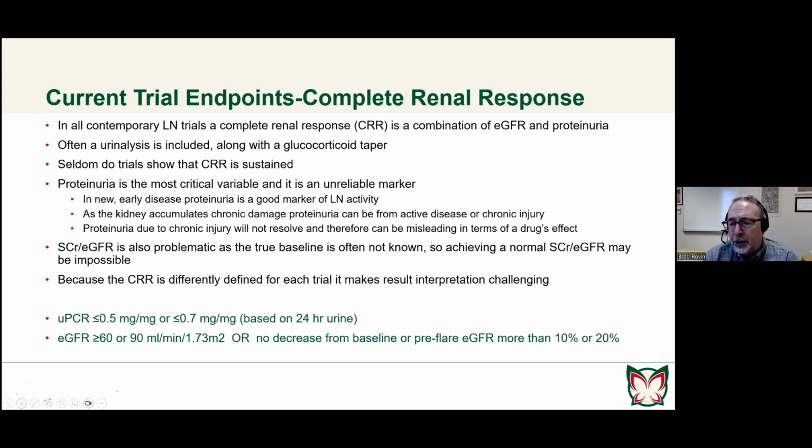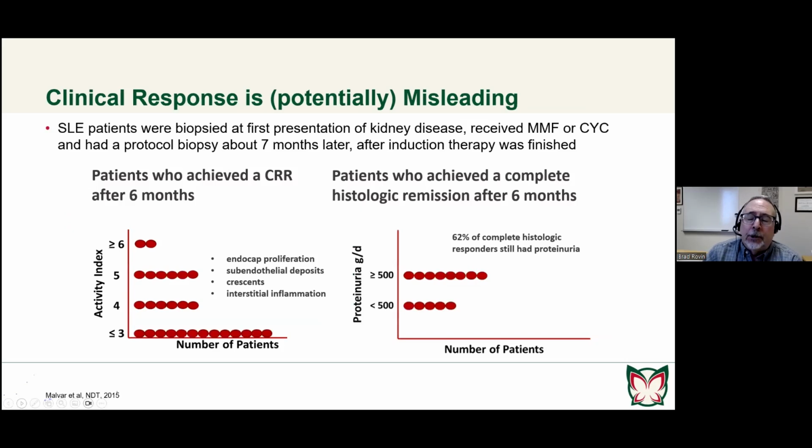These are often the definitions that are used, more relaxed and more strict. Or more commonly, we see no decrease from baseline or pre-flare GFR of more than 10 or 20%. So clinical response is a little bit misleading, potentially.